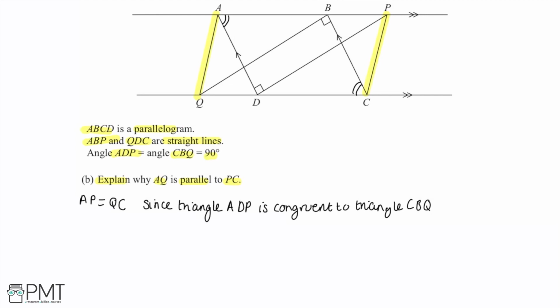So, going on a bit further, if these two sides are equal and parallel, and we can basically join them up with these two sides to create the parallelogram, we know that these two sides must be equal and parallel.